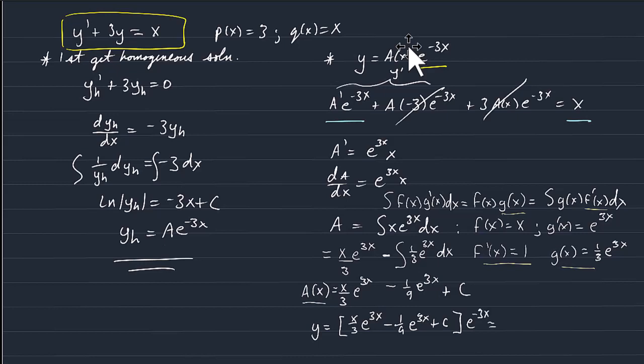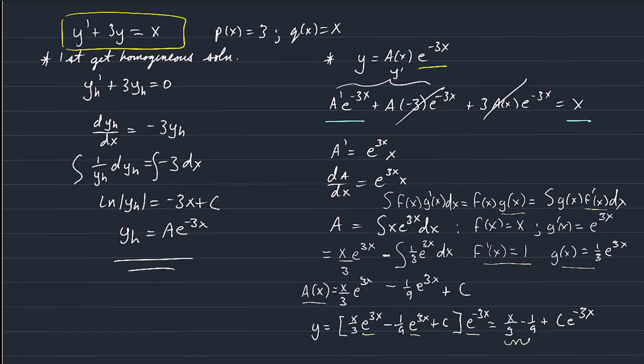This term cancels with these two terms because we have a negative exponent multiplied by e to the positive 3x. And so that just gives x over 3 minus 1/9 plus c e to the minus 3x. And this gives our full solution.